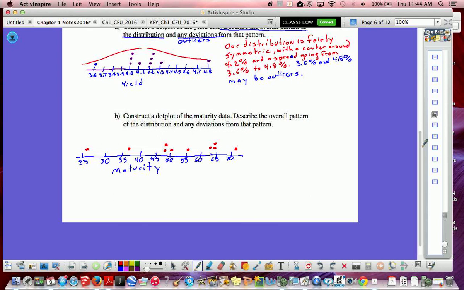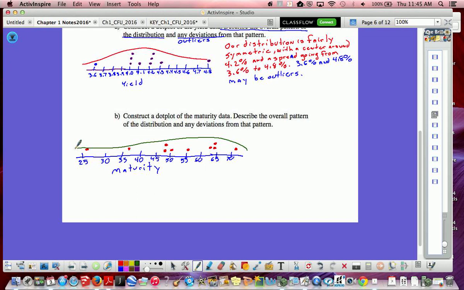So now when I look at the pattern of this data, if I draw a curve over it, could we at least give this a little bit of skewness? Or is it symmetric? If you said it was fairly symmetric, I suppose it's hard to argue. I would lean more towards it being a little skewed to the left.